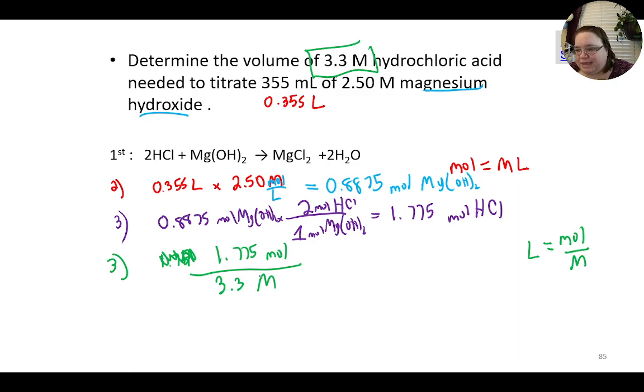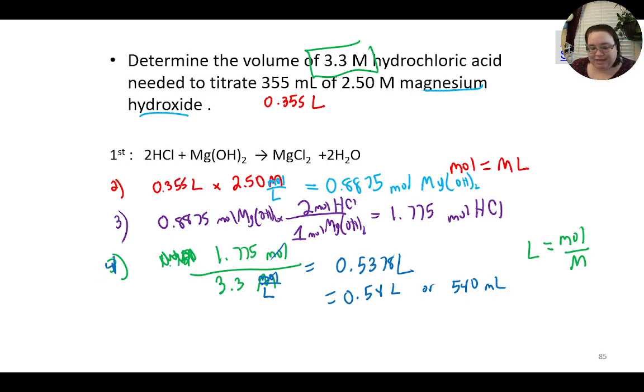Again, remember, big M is the same thing as mole over liter. So moles cancels. We are left with liters. And we've got 0.5378, so 2 sig figs. 0.54 liters or 540 milliliters.